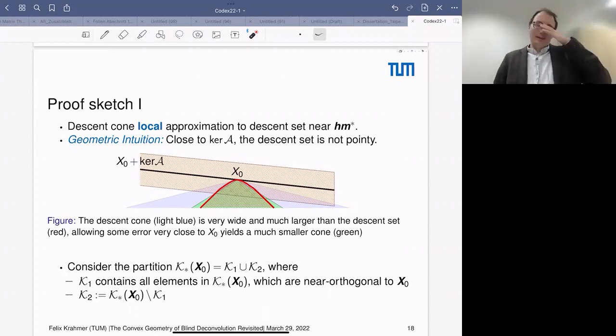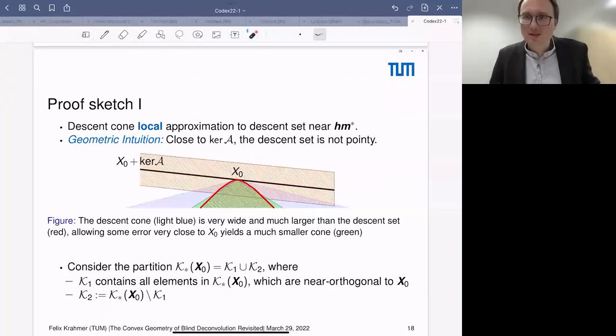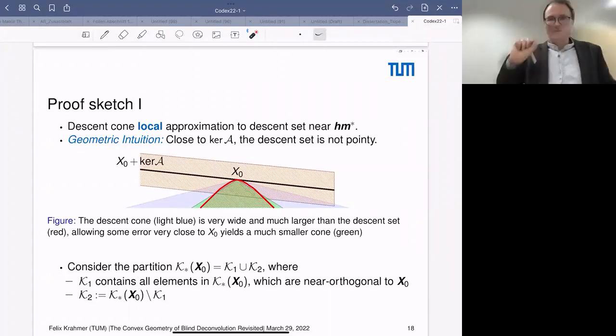Because of the structure that we have, we are locally a cylinder that has some very nice points in highest dimension and some not so nice points. And apparently, due to this convolutional structure, we're entering at a not so nice point, where the descent set is not very pointy, even though the underlying object is of low rank.